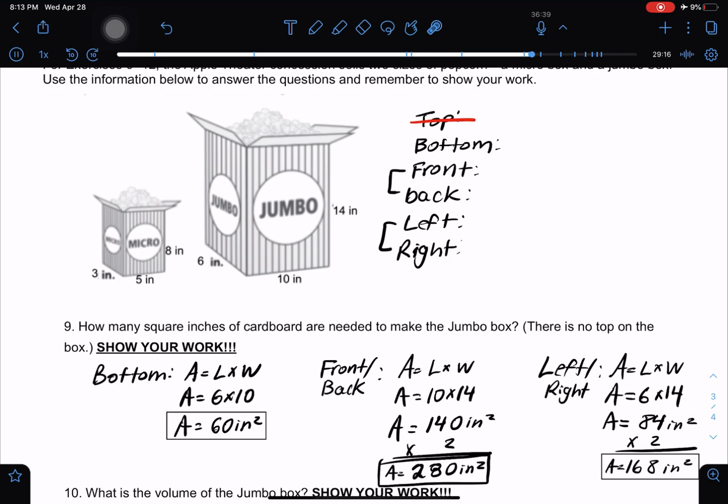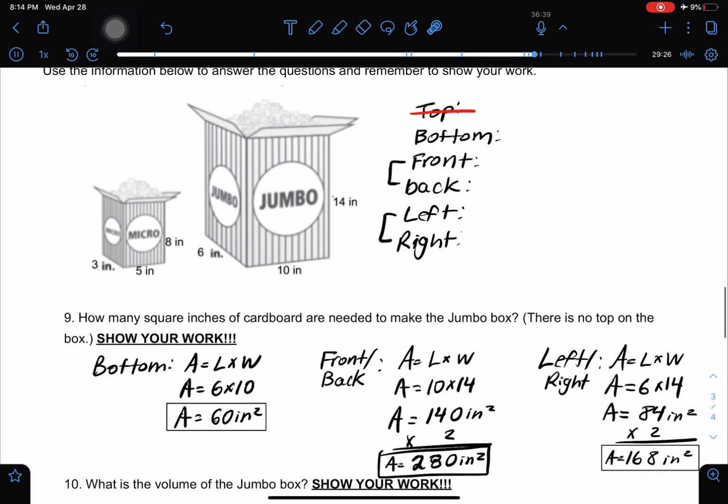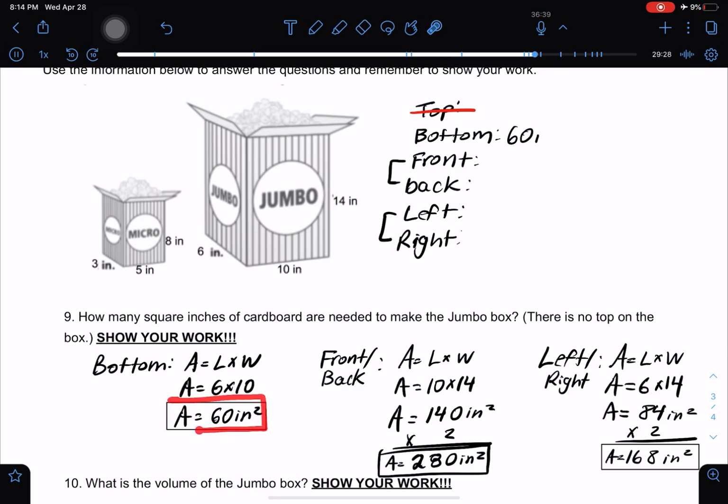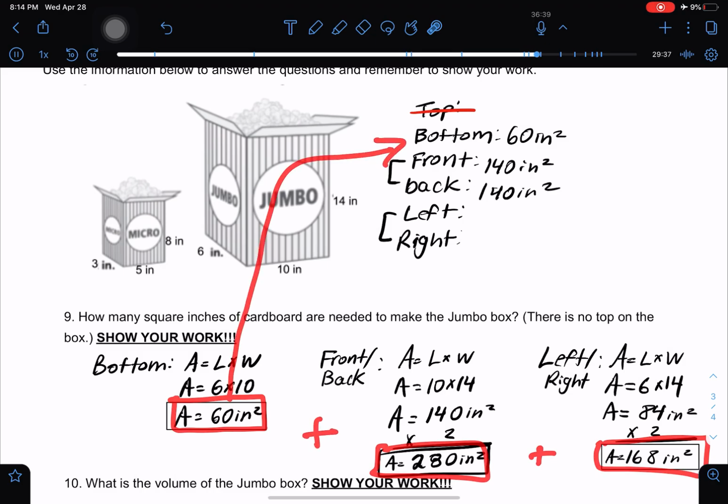Okay, now we can go ahead and add these 3 together. Again, you can either add these 3 numbers, or you can separate these and say that the bottom was 60 squared inches, the front was 140 squared inches, the back was 140 squared inches, left was 84, right was 84.